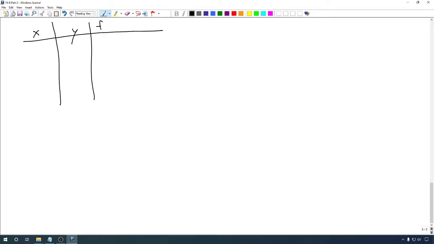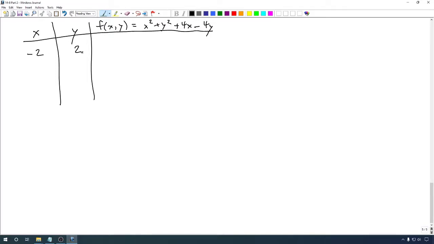We're going to plug those into the function f of x, y, which, remember, is x squared plus y squared minus 4x plus 4x minus 4y. I'm just going to put those in for you.